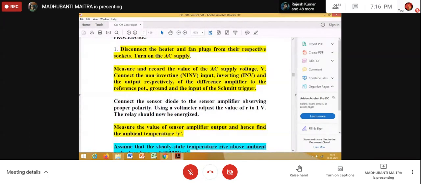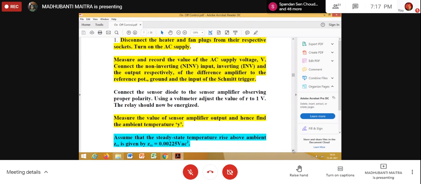Then connect the non-inverting input of the difference amplifier to the reference pot, so we get the reference voltage value there. The inverting terminal should be connected to ground, and the output of the difference amplifier, which in the closed loop acts as an error detector, will be connected to the input of the Schmitt trigger.